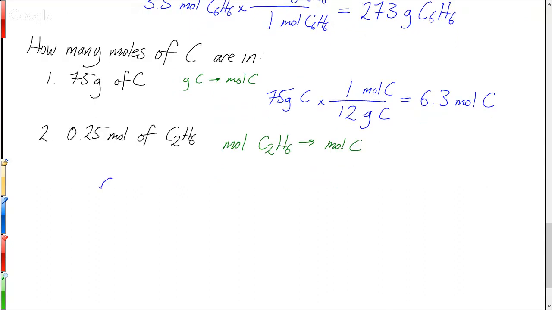So in this case, we'd go 0.25 moles C2H6. And we want a quantity that relates moles of C2H6 to moles of just C. How do we find that? How do we find the relationship between moles of C2H6 and moles of just C?